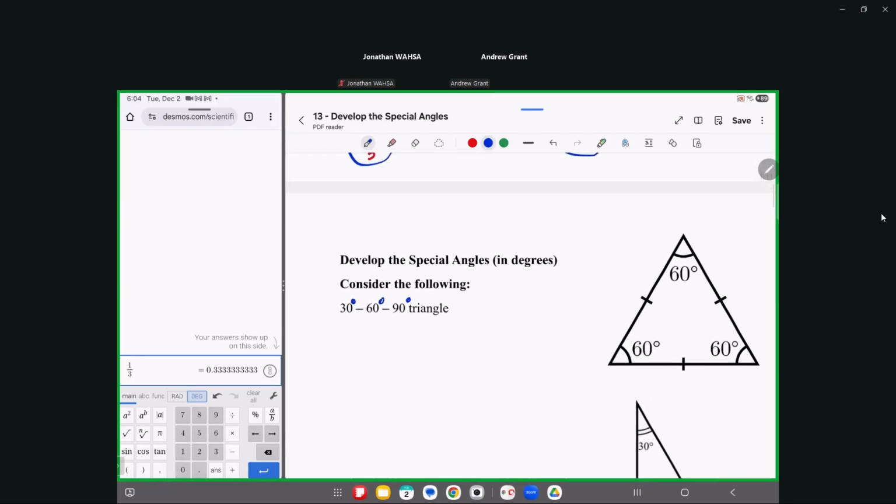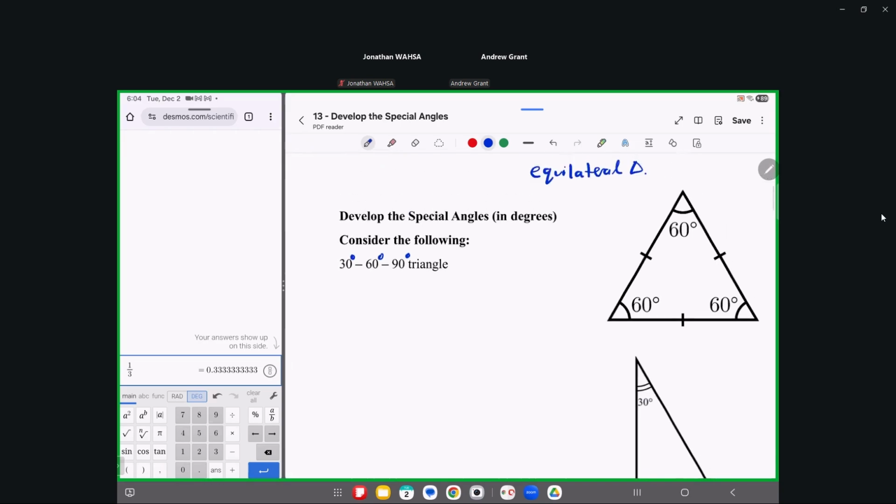So how do we get this? What we do when we want to develop the 30, 60, 90 triangle is we start with an equilateral triangle. An equilateral triangle, as a quick definition, has all the same sides as well as all the same angles.